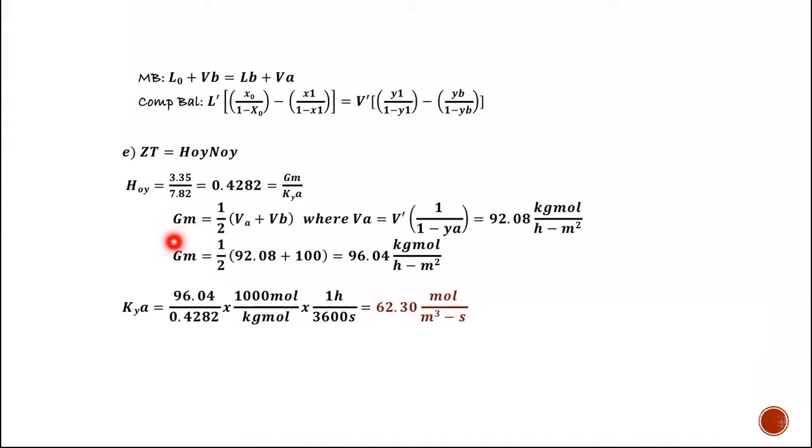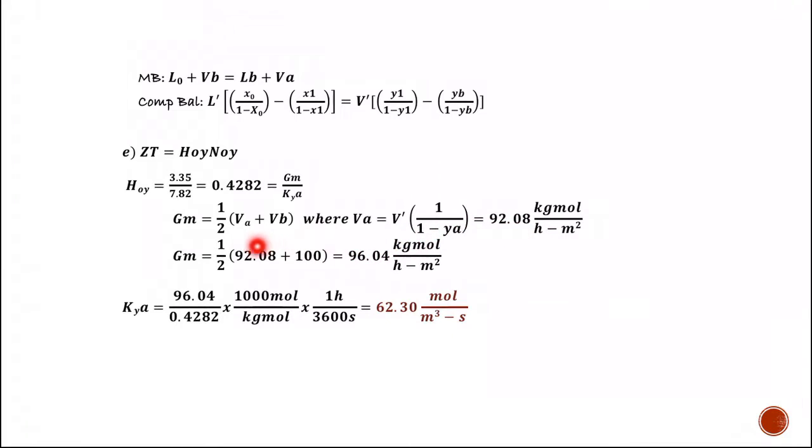First, in calculating the molar flow rate of gas, we use the formula 1/2 times the quantity VA, which is the product gas, plus VB, or the gas feed rate, where VA here is equal to V prime times 1 over 1 minus YA, or the mole fraction at the product gas. Finding for VA, we get 92.08 kilogram mole per hour square meters.